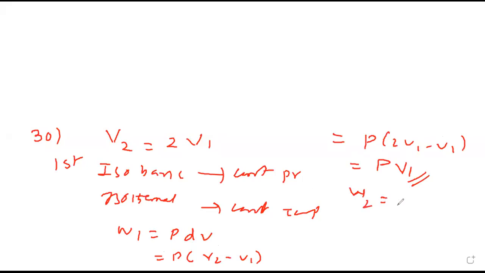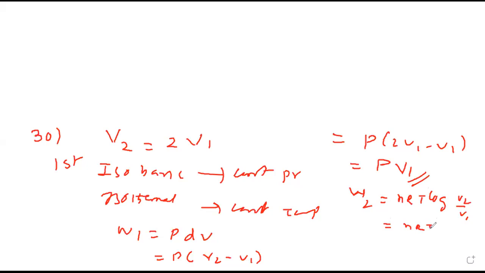Second is isothermal. Relation of W1 and W2. So it is nRT log of V2 upon V1.